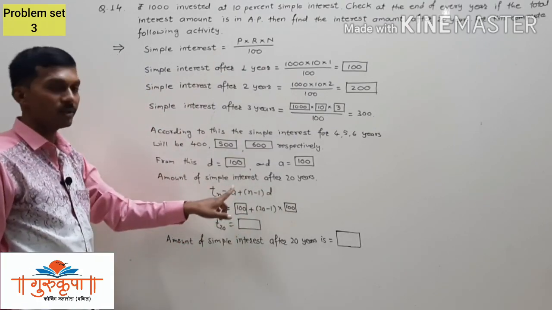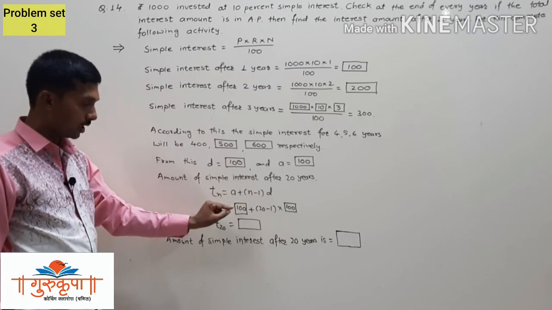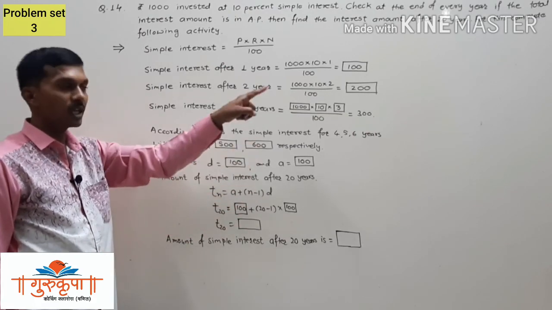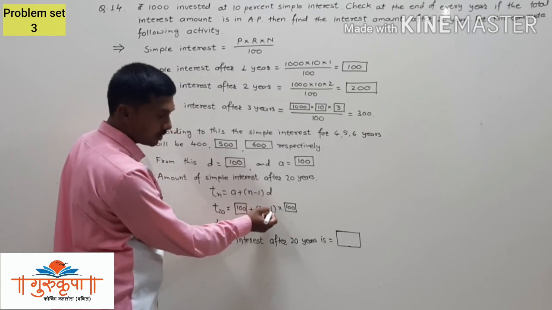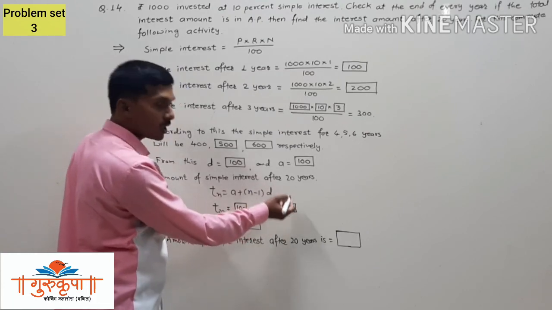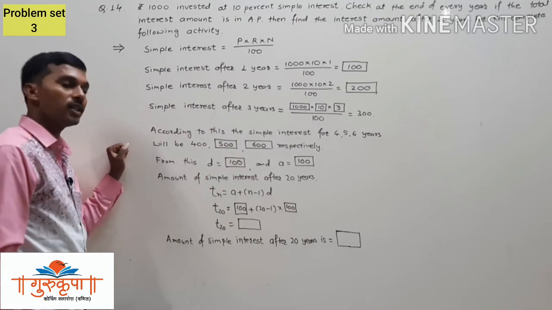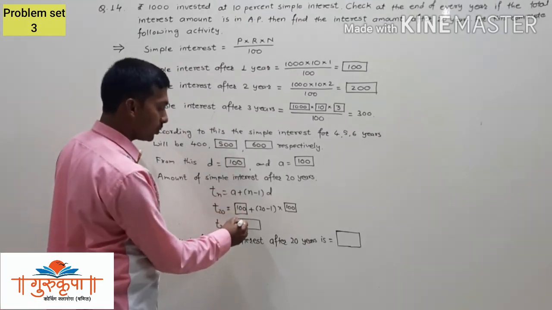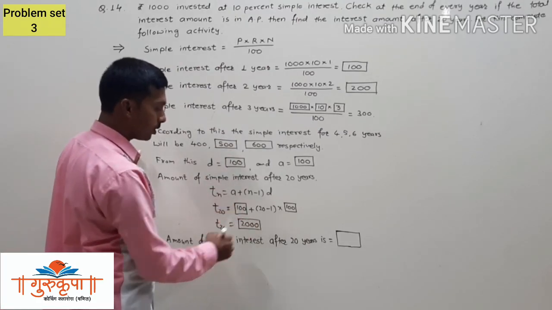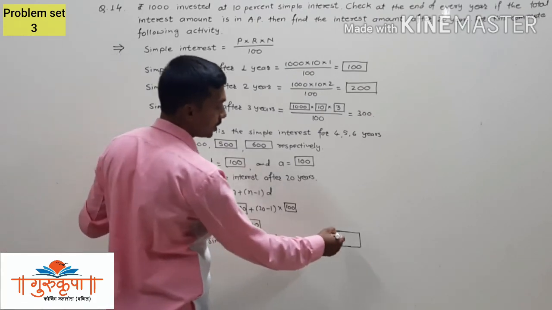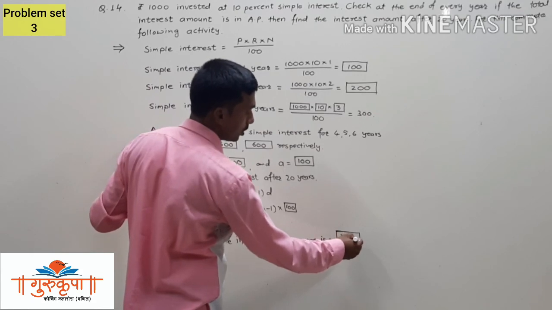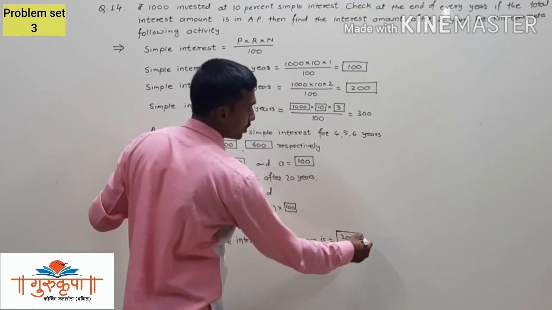Since it is an activity, we have to directly write the amount, making calculations on the rough page. 20 minus 1 is 19. 19 multiplied by 100 is 1900, plus 100, that is 2000. So T20 is equal to 2000. Amount of the simple interest after 20 years is rupees 2000.